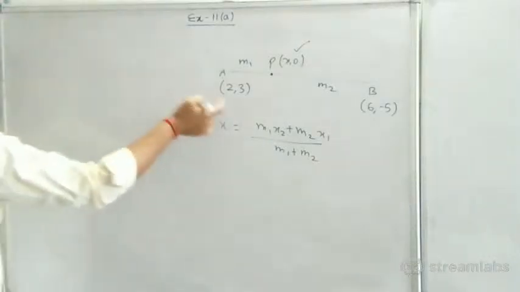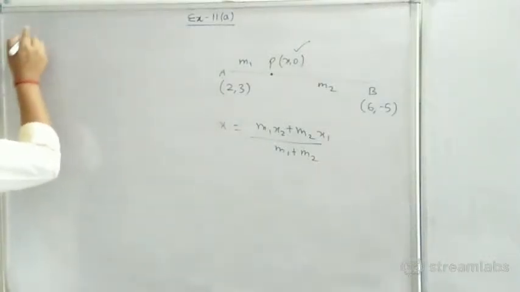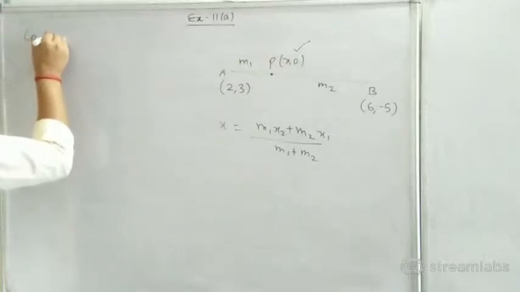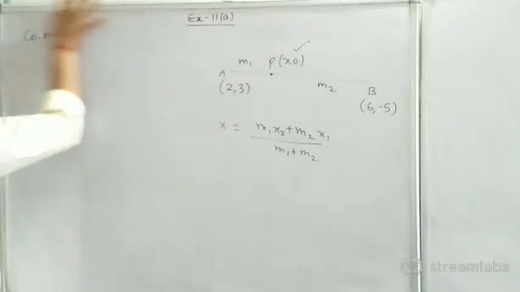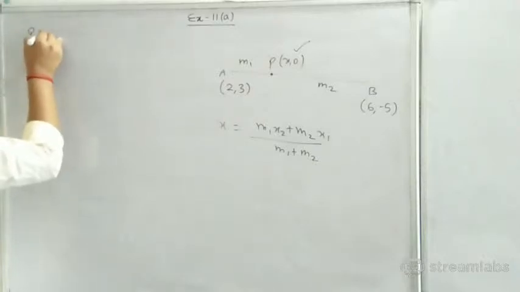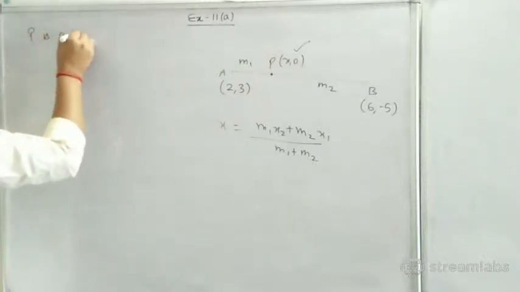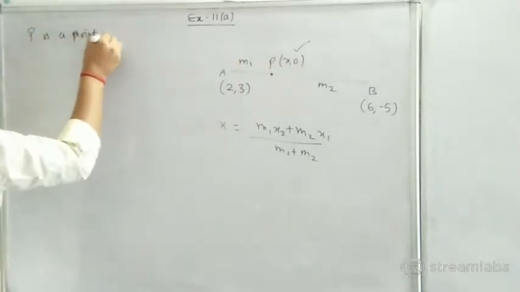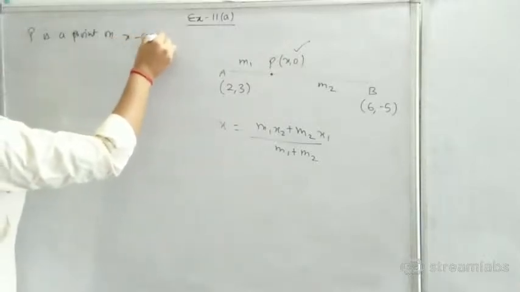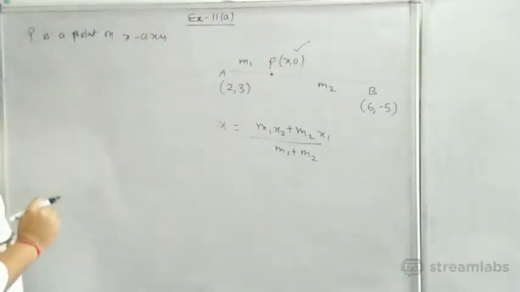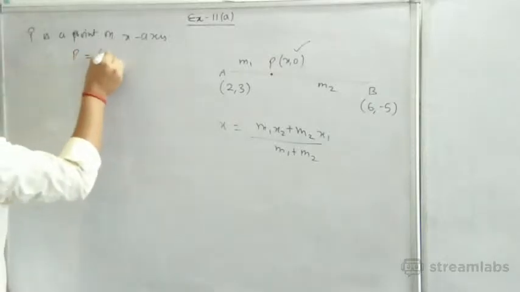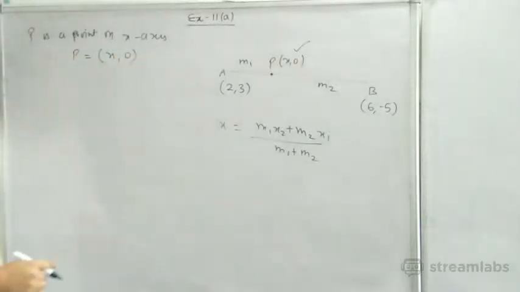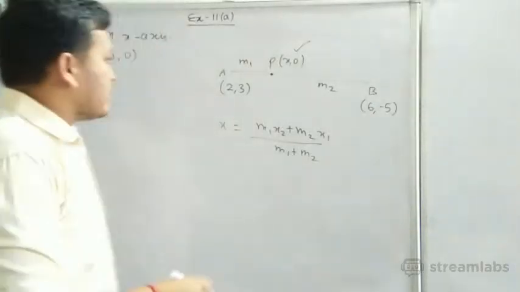Here we can write the coordinate. P is a point lying on the x-axis. Therefore P is equal to x, 0. The coordinate of P is x, 0.